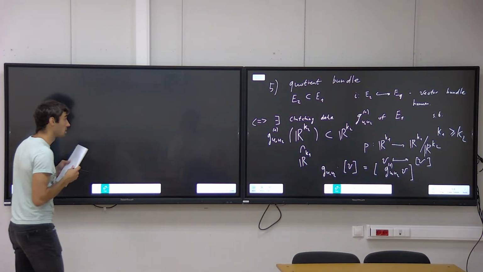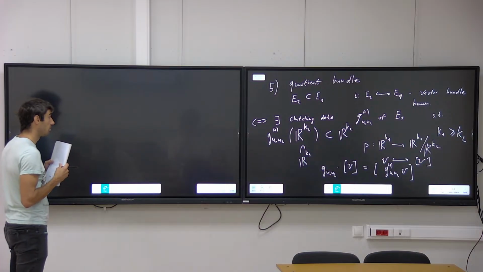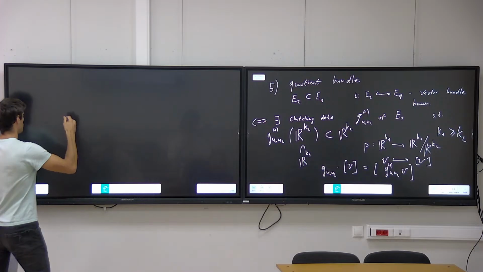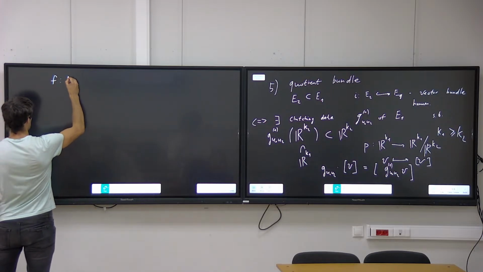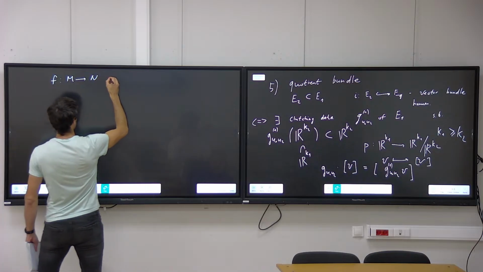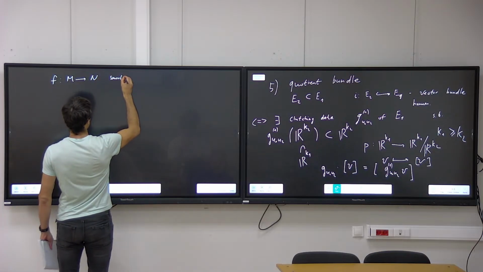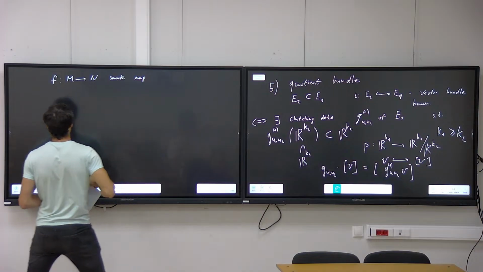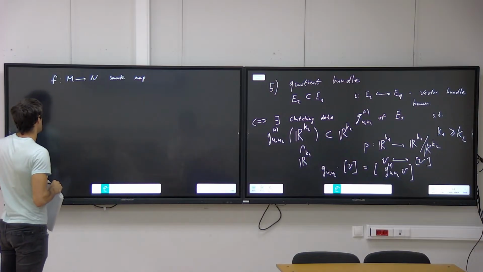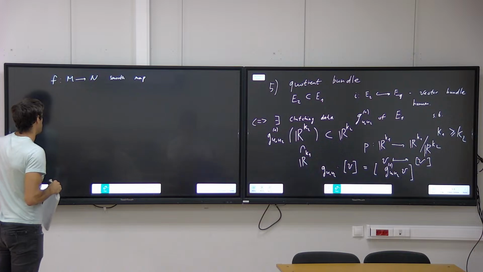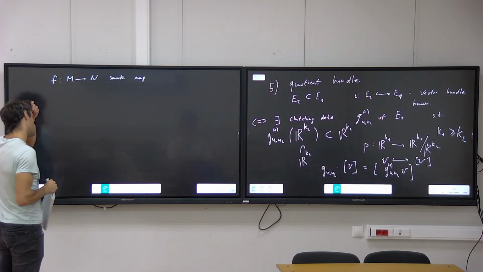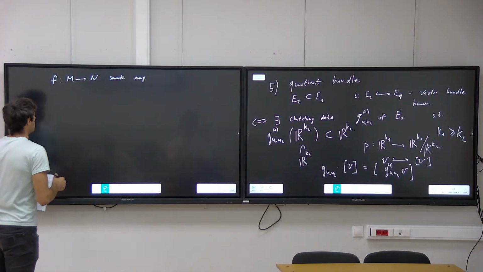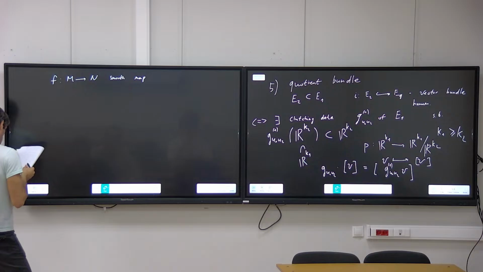So next, the next thing that I want to discuss is how maps induce maps. Suppose that I have a smooth map from M to N. How does a smooth map induce a map on the sections of TM or T star or on k-forms?